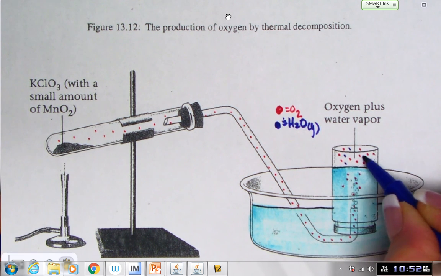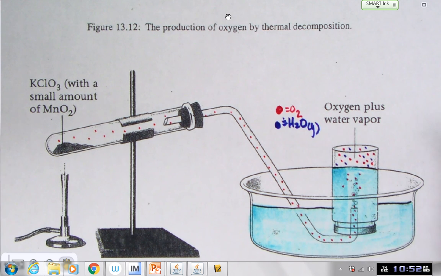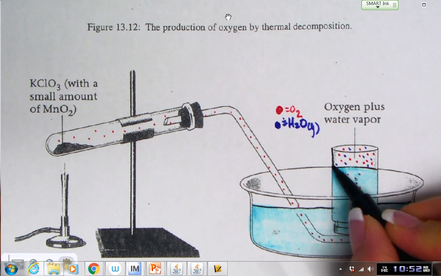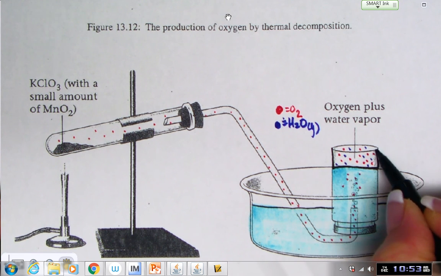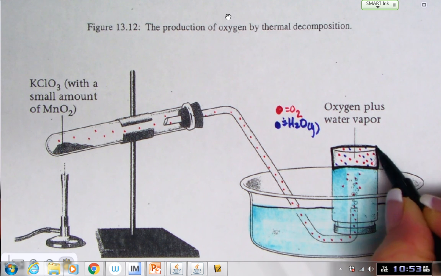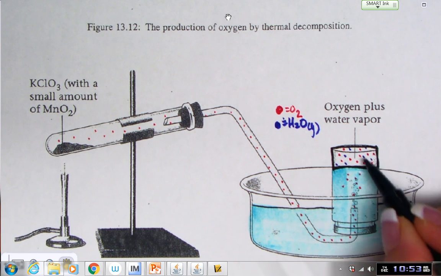And of course, the pressure of the water vapor will be dependent upon the temperature at which the gas is collected. So in our animations where we've been looking at a mixture of gases, I'm going to put a box around this section where we have our gas collected. This represents the space in which you have both oxygen and water vapor.